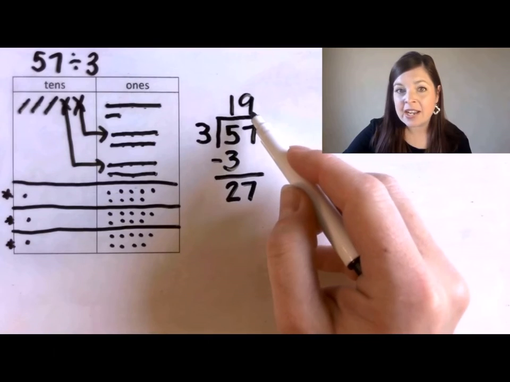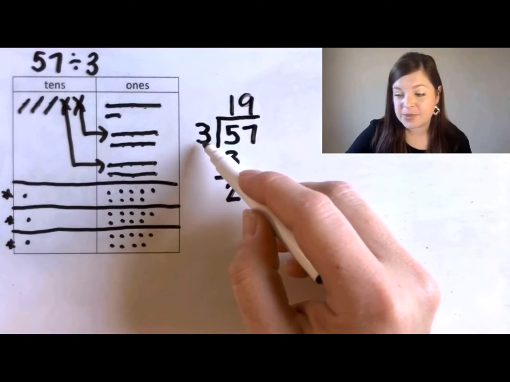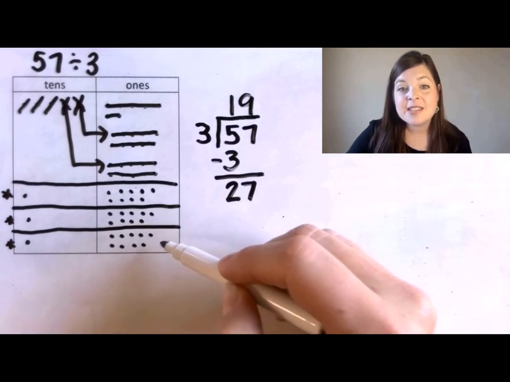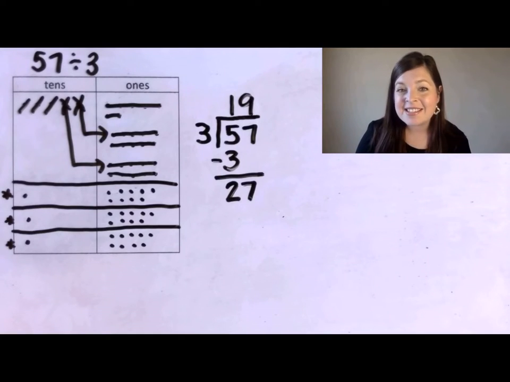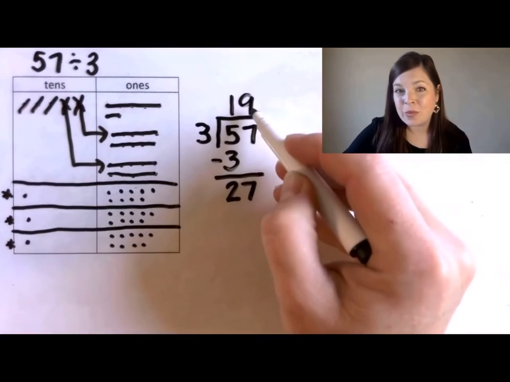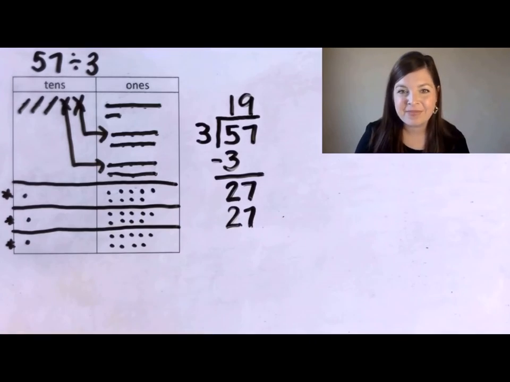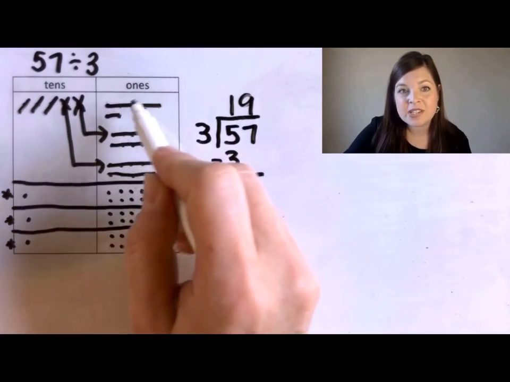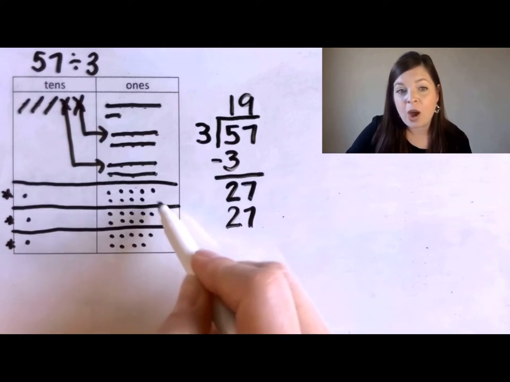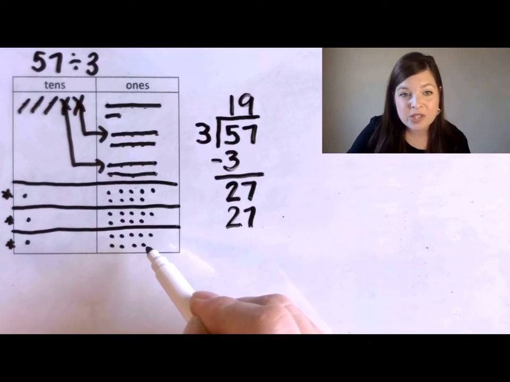We shared 9 ones with each of 3 groups. Say a multiplication sentence that tells how many ones we distributed altogether. 9 ones times 3 equals 27 ones. So we had 27 ones to distribute, and we distributed all 27 ones with no ones remaining.